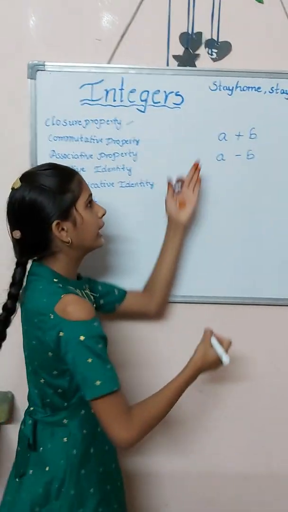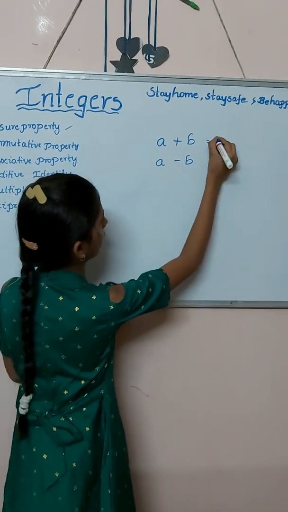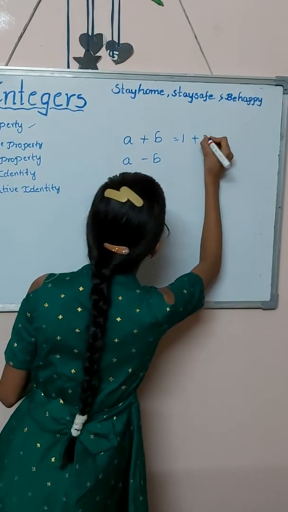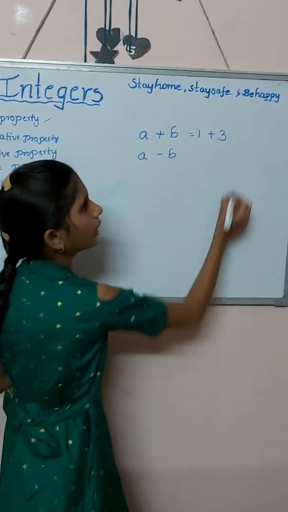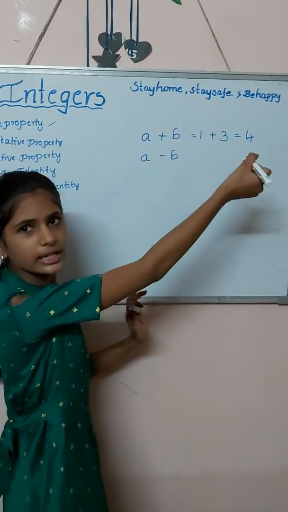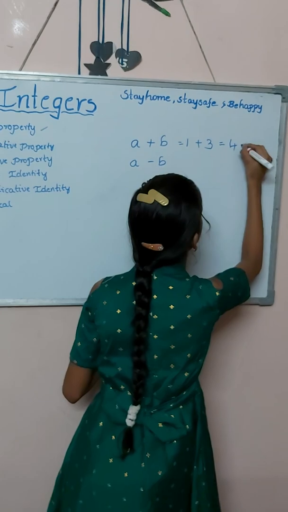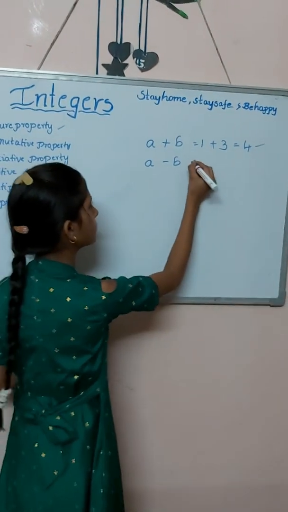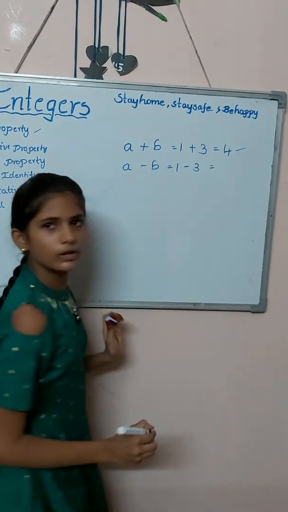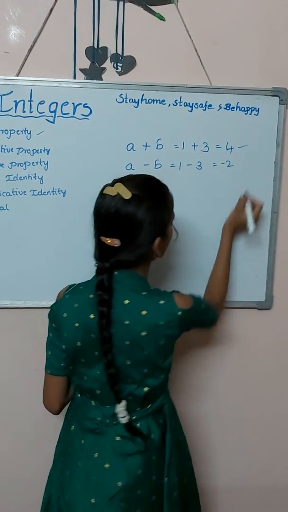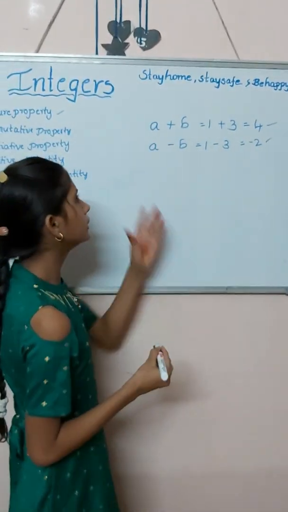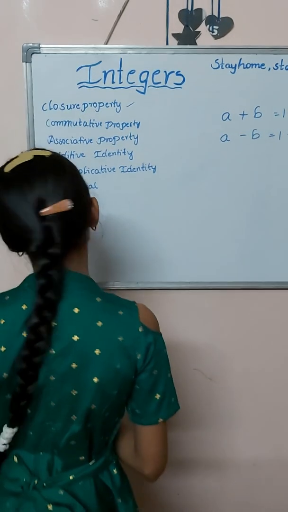In the place of a, I am taking 1 and in the place of b, I am taking 3. Then our answer will be 4. Is 4 an integer or not? So 4 is an integer. In a minus b, I am taking these two digits, 1 minus 3. Our answer will be minus 2. Is minus 2 an integer or not? So this is nothing but closure property.